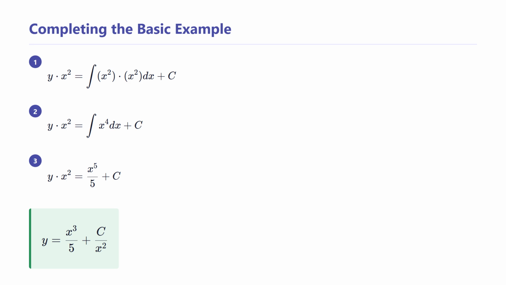The integral of x to the 4th is simply x to the 5th divided by 5, according to the power rule. To find the explicit solution for y, we isolate it by dividing every single term in the equation by x squared. This gives us our final general solution. The first term represents behavior driven by the input, while the second term represents transient behavior depending on initial conditions.